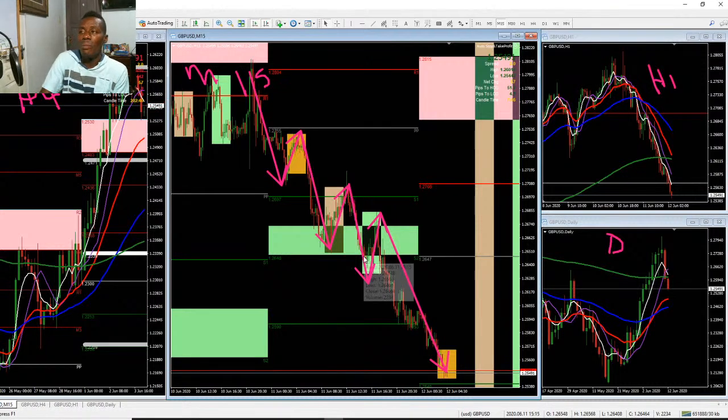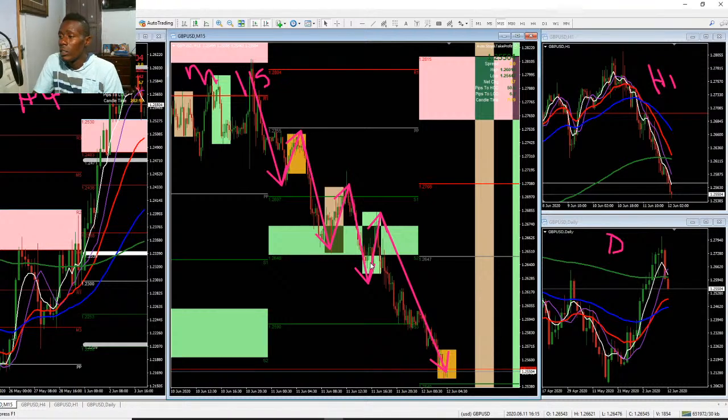So I would risk 15 pips, and I would target as it breaks the previous low right here. As it breaks the previous low, I would just take my profit. You understand? That is like a 4 to 1 right there. That is how I put the odds in my favor. So in case I have a couple strings of 15, 20 or 25 pip losses, my winnings outweigh my losses. So that is the tactics.